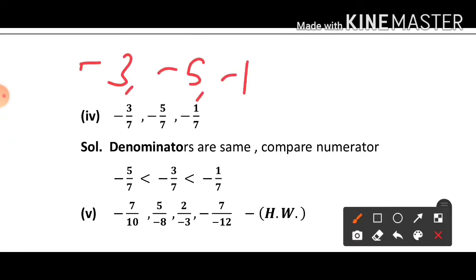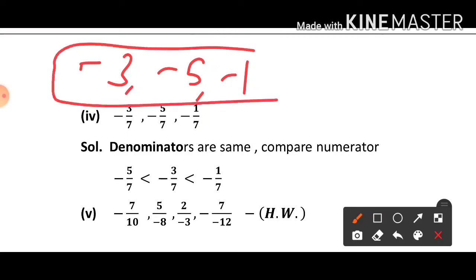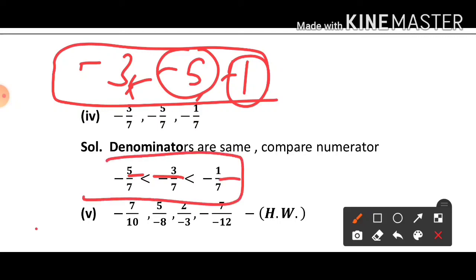Now see, ascending means first you have to arrange the smallest one. We know that in negative numbers the larger one is the smallest one. So which is the smallest one here? Minus 5. After that greater is minus 3, and out of these 3, the largest one is minus 1. So we can arrange in ascending order as minus 5 by 7, then minus 3 by 7 and minus 1 by 7.